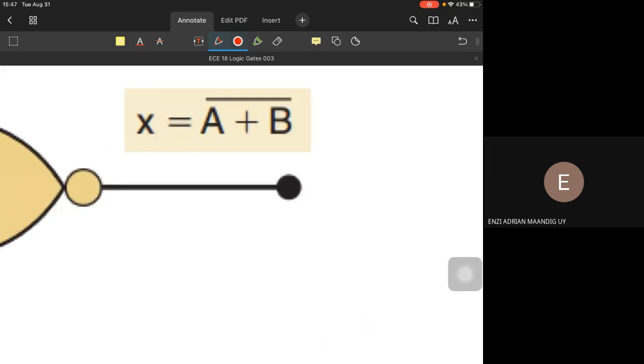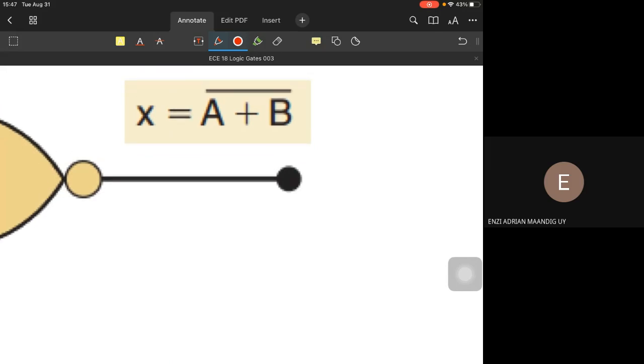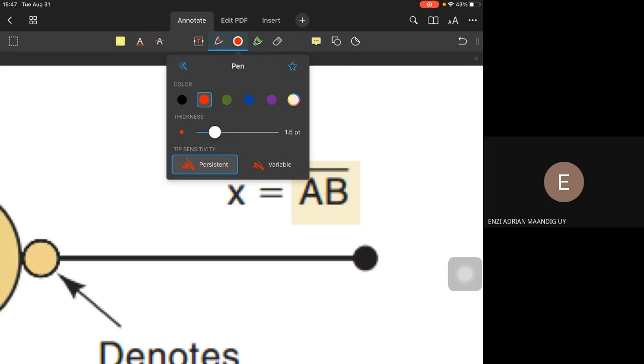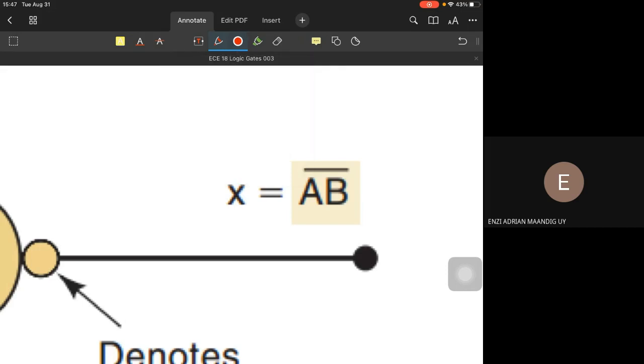A or B, then bar. Or the inverse of A or B. This one, A and B bar. But that might be read as A and B bar, which isn't correct. It is better stated as the inverse of A and B.